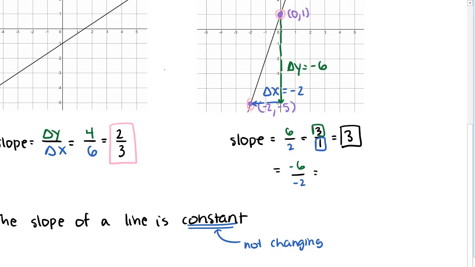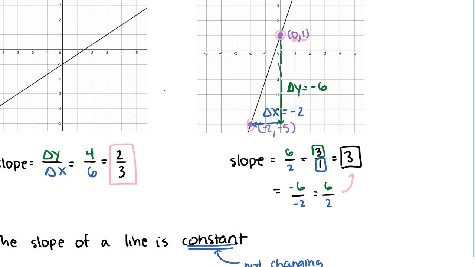And a negative number divided by a negative number would be a positive number. So this is really the same as +6 over +2, which gives us that same 3 that we end up with. So although we started with a different point, or we rearranged the order in which we computed the slope, we got the same result.